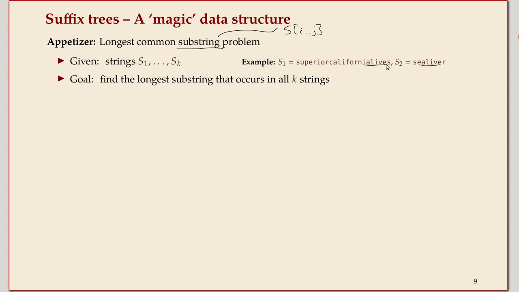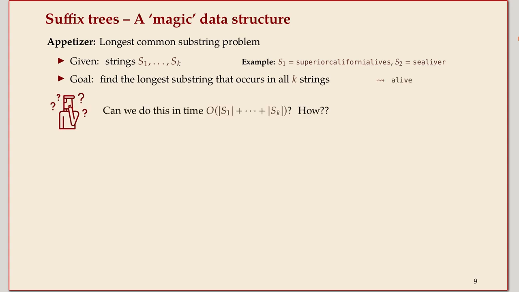It was easy in this case because the second string was really small. If you have many strings and they're all fairly large, it's quite unclear how to do this. So that was correct. The question is, can we do this essentially in linear time? So what this means is the size of the first text plus the size of the second and so on.